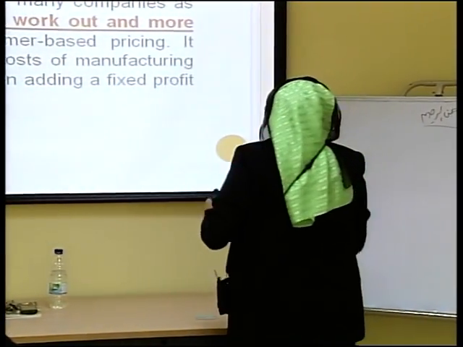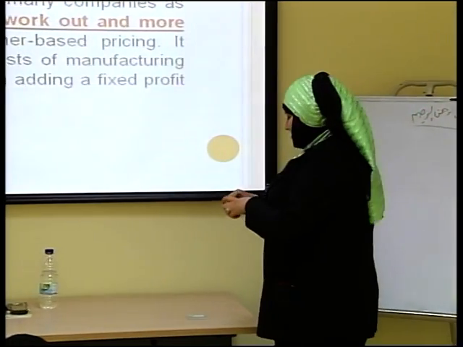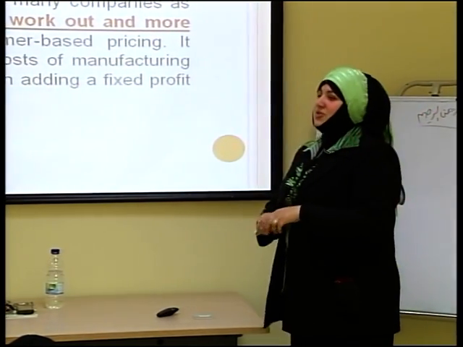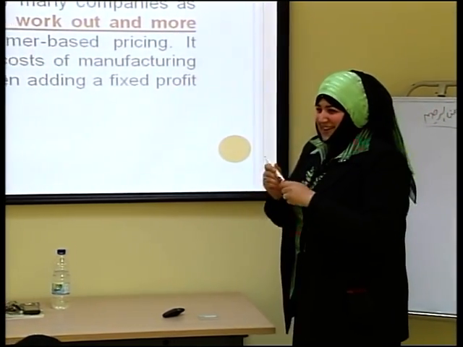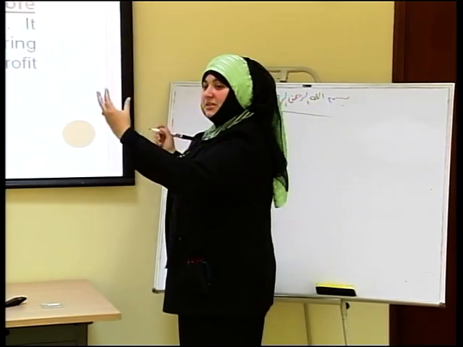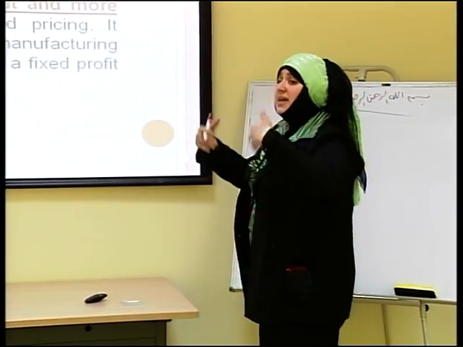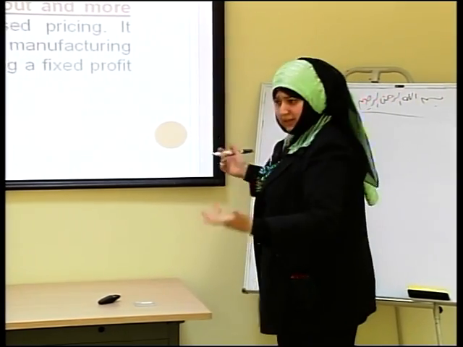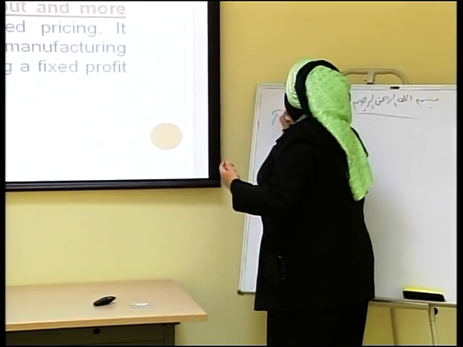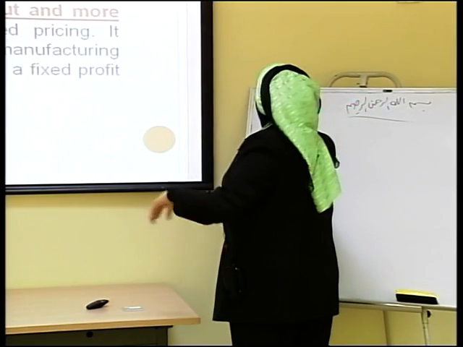Okay, let's see. When we go to figures, everything is different. Now, cost-based pricing means that you price the product based on the cost. Assume that we have product X that is produced by any company, company ABC or whatever.